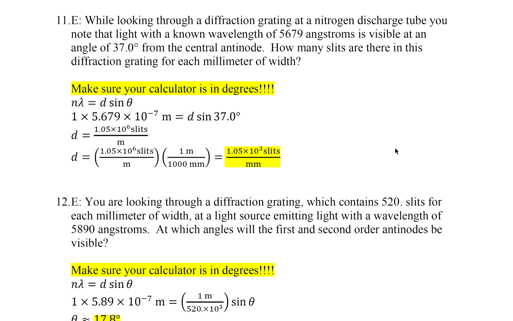Question 11. While looking through a diffraction grating at a nitrogen discharge tube, you note that light with a known wavelength of 5679 angstroms is visible at an angle of 37 degrees from the central antinode. How many slits are there in this diffraction grating for each millimeter of width? So we're going to solve for D here.